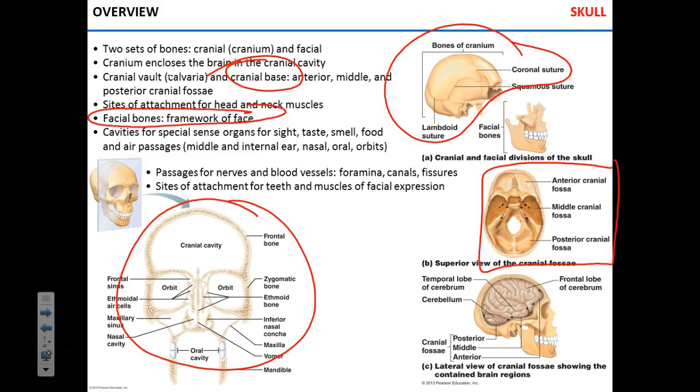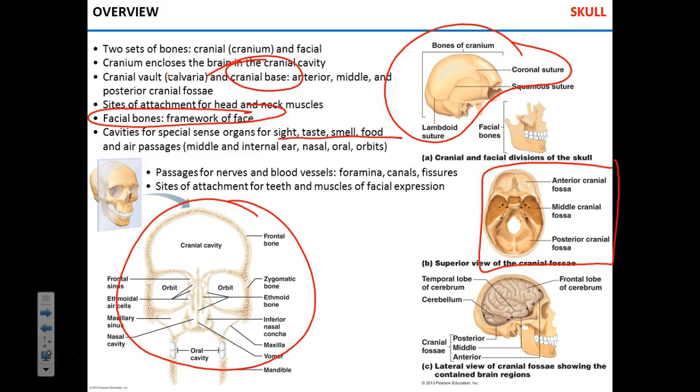Orbits. Can you find the orbits? Oral cavity, nasal cavity. Those are openings for the organs of sight, taste, smell, and so on and so forth.